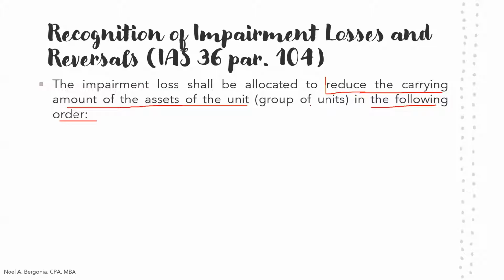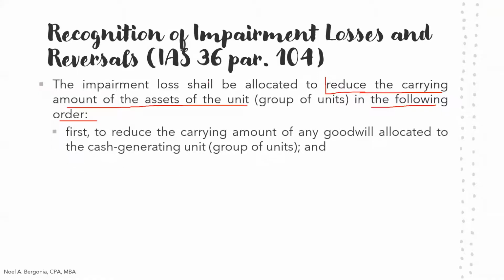Kasi hindi naman siya, it should be distributed daw under paragraph number 104. So first, it should reduce the carrying amount of any goodwill. So just like in intangible assets, CGU, pag yung CGU natin merong goodwill, any impairment loss shall be first charged to goodwill if there is a goodwill in our cash generating unit. Okay, ubusin mo na yung goodwill.